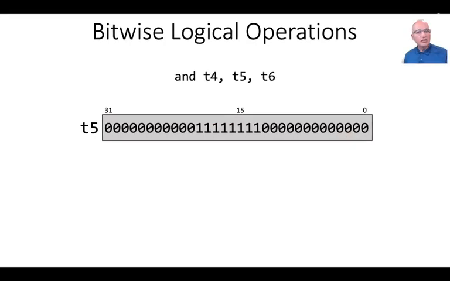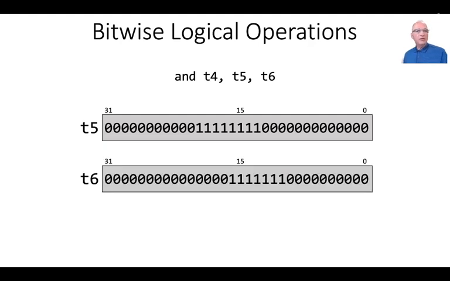So let's start with an example where I have this value expressed in binary in T5, and I have this value expressed in binary in T6. To better understand what the logical operations do, let's divide these values into 5 different zones according to the binary value in each one of the registers.